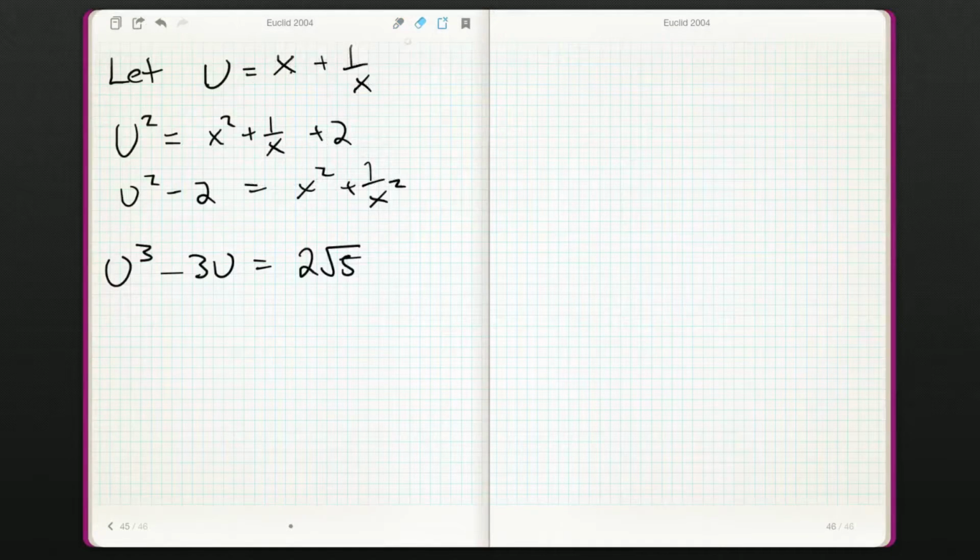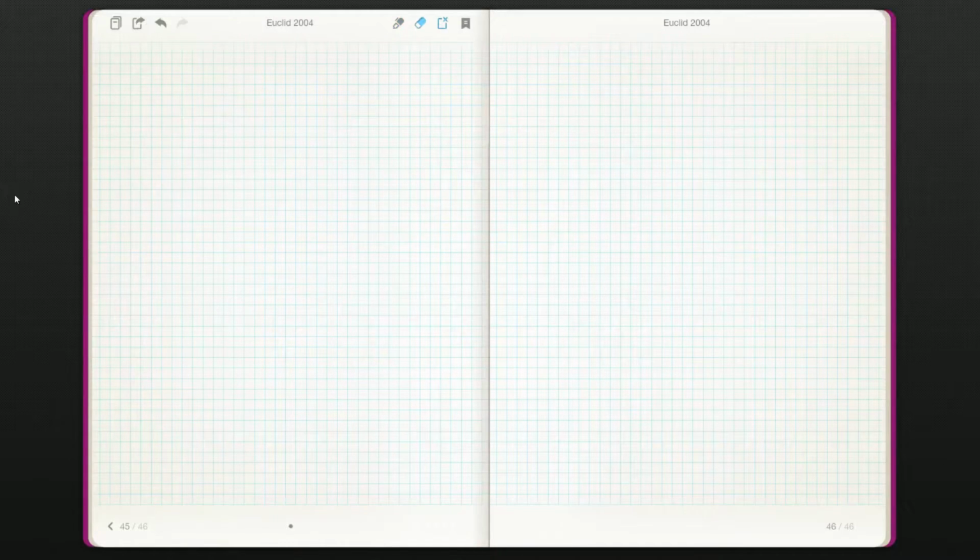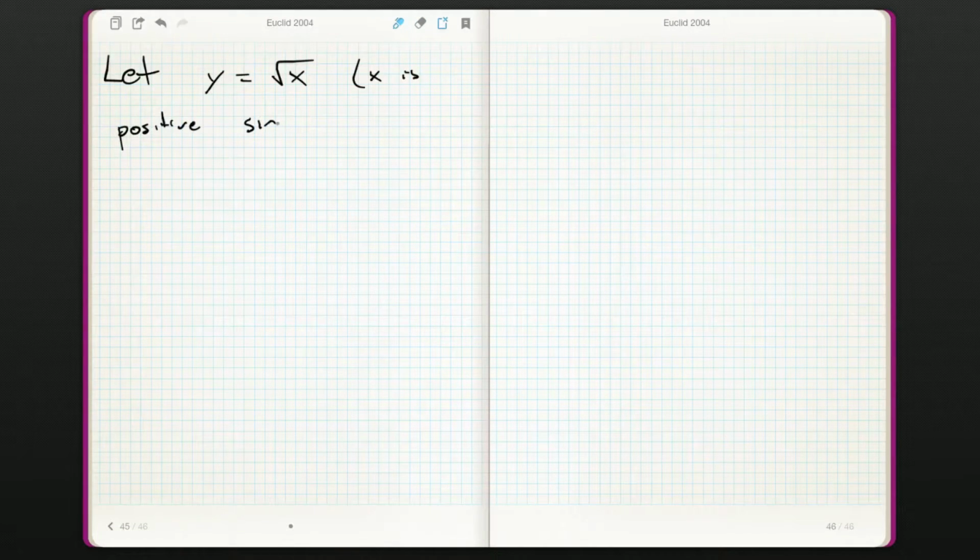Okay. Once again, beginning anew. Where's my eraser? Clear the page. All right, let y be the square root of x. x is positive since x cubed plus 1 over x cubed is positive.